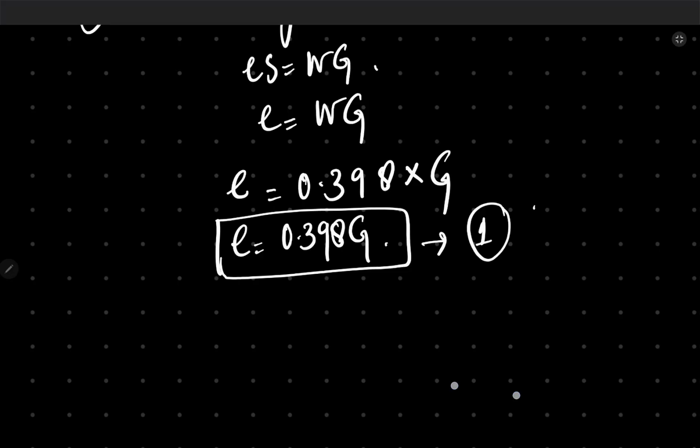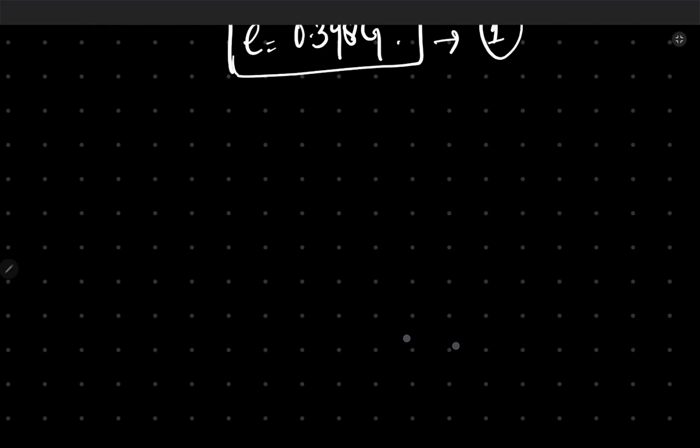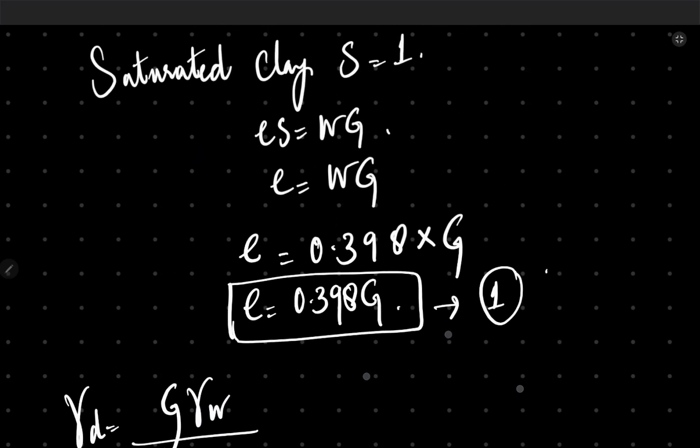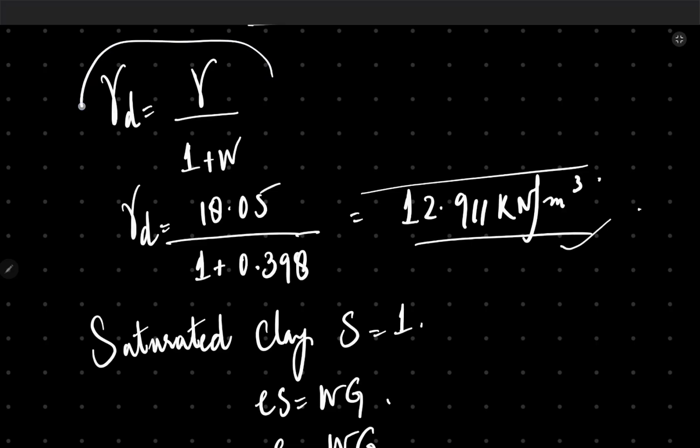Now, we found the dry unit weight from the earlier equation, because we knew the bulk unit weight and the water content.